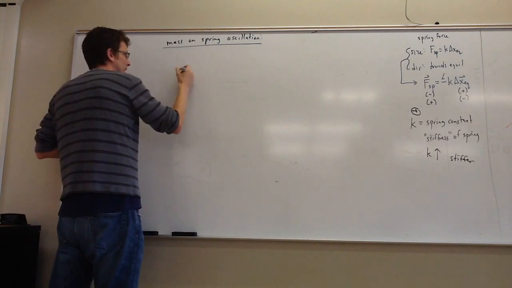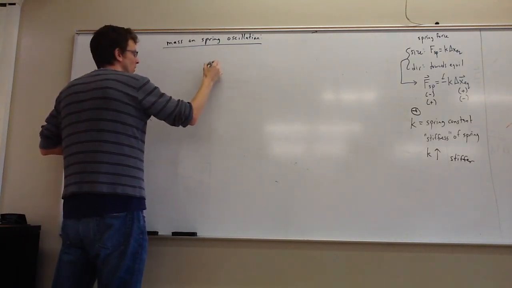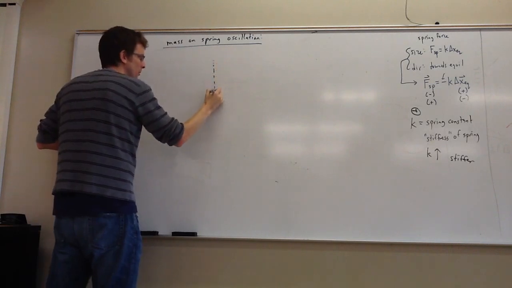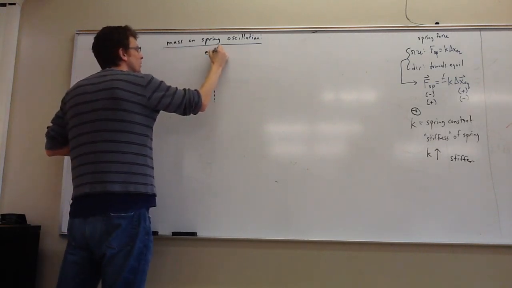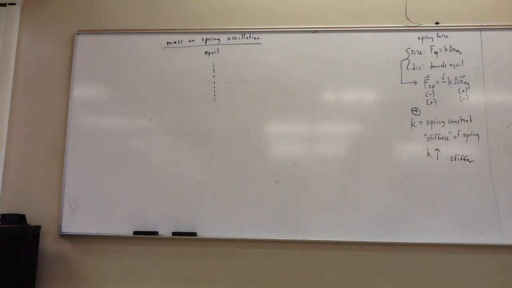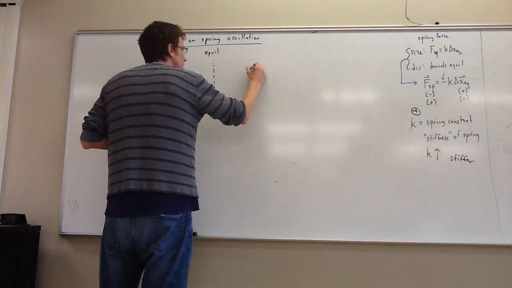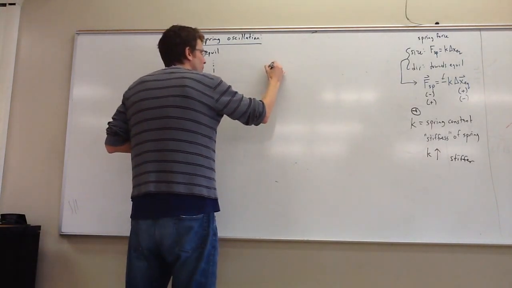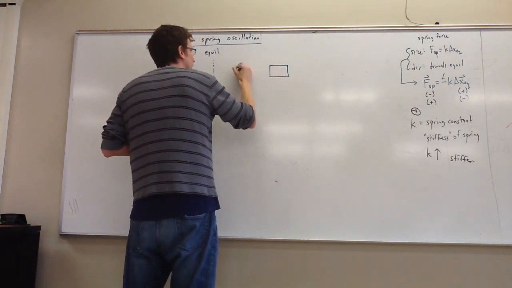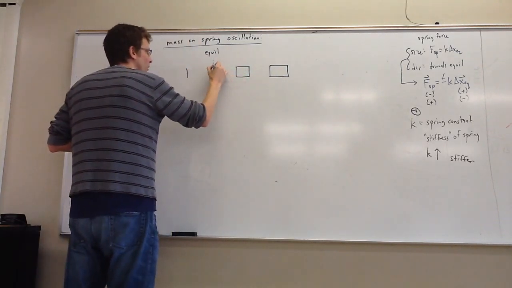So let me sketch this. Here's going to be my equilibrium, and I'm going to draw my mass over here, then here, then here. I guess I'll draw it going through the equilibrium.